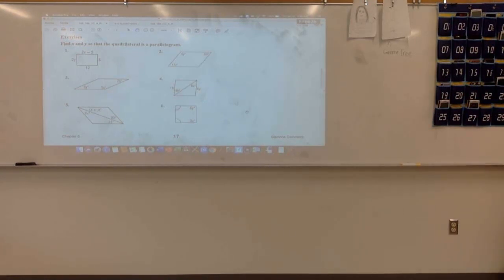So, 5 times 11 is 55, right? So we know opposite angles are equal. Angle y and angle 5y plus 55 are next to each other. So we know that these two are equal to each other. And then you solve from there.